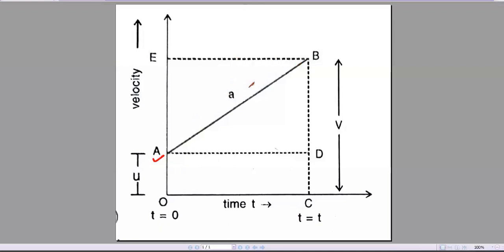Now, from this, what we will do is, from point B, we will draw perpendicular lines on time axis and on velocity axis. So, it will be like this.